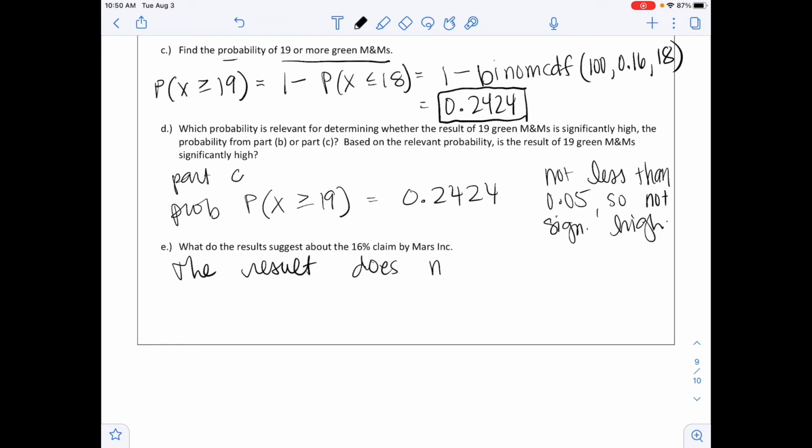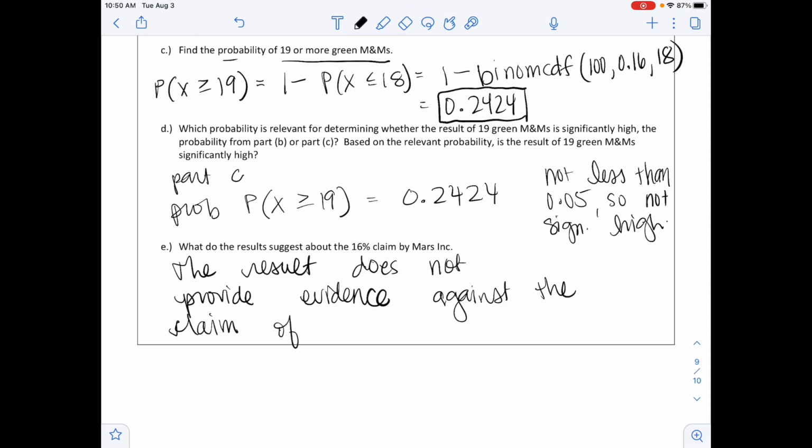The result does not provide evidence against the claim of 16% for green M&Ms.